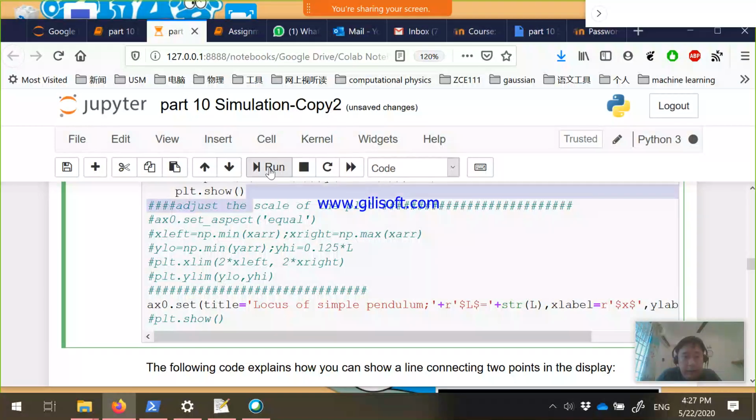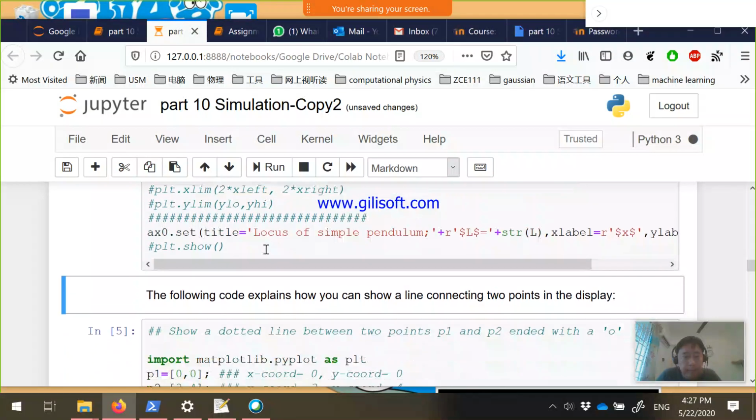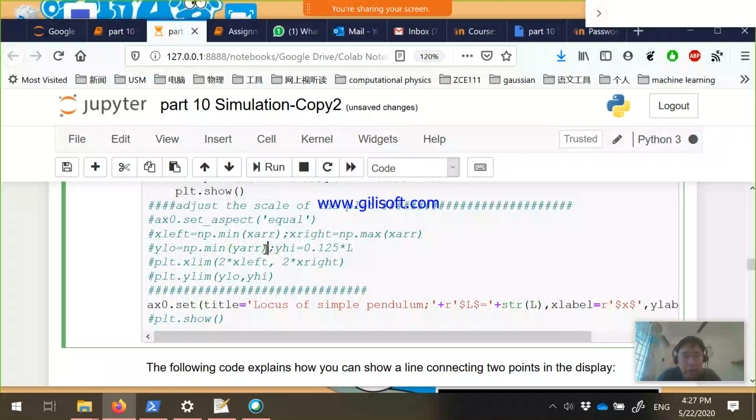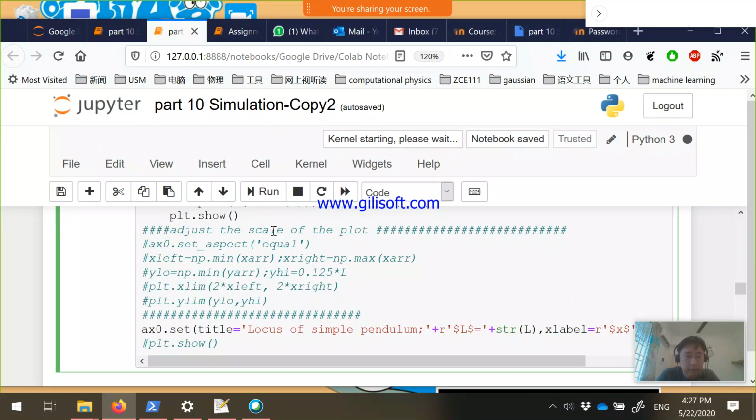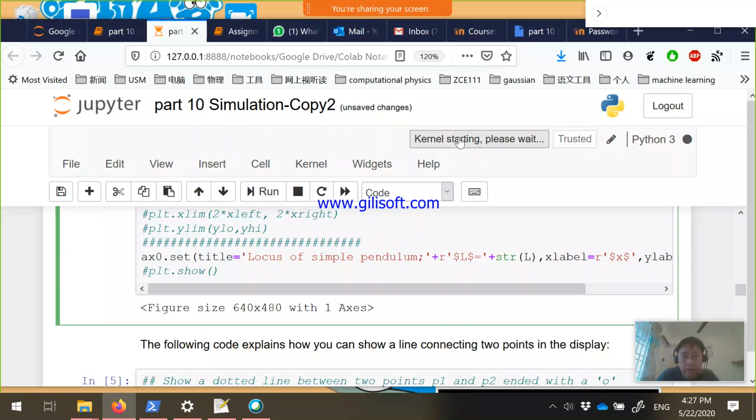Wait for the kernel to restart. Run again. Now, if anyone can help me on why sometimes the simulation doesn't appear. Maybe I need time. Yeah. So now it is restarting. Please wait. So I'm waiting patiently. I hope that when it has restarted, things will run well.